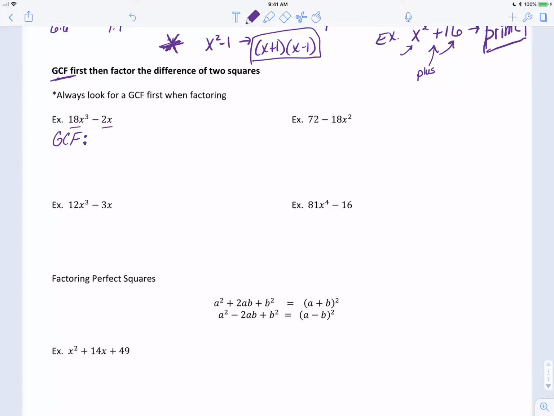What term goes into both of those? Well, a 2 goes into both the 18 and the 2, and then we know from before that we always use the lowest exponent of our variable, and so that's 2x. So we're going to rewrite this as 2x, and if we take the 2x out of 18, that gives us 9x squared. And we take the 2x out of the 2x, that gives us 1.